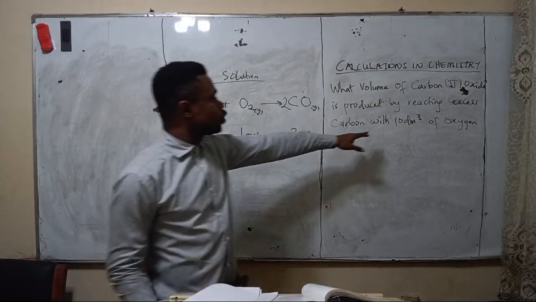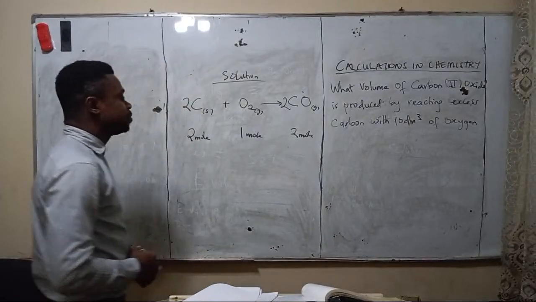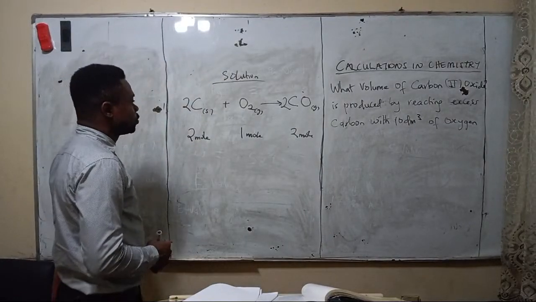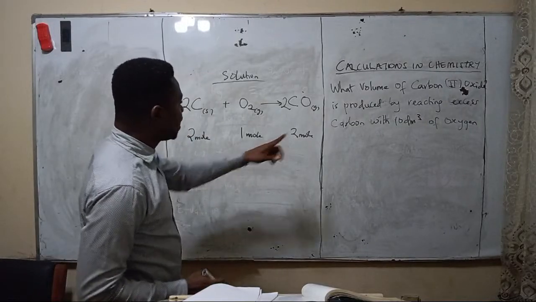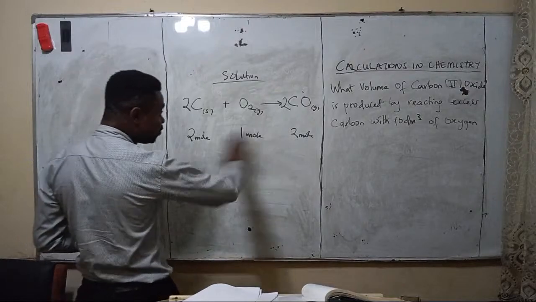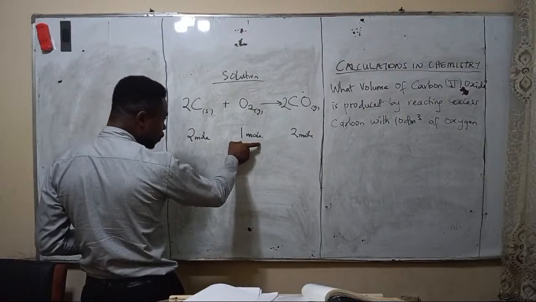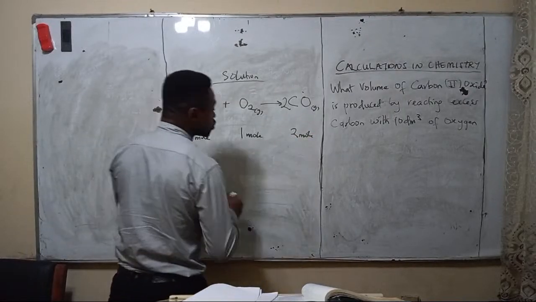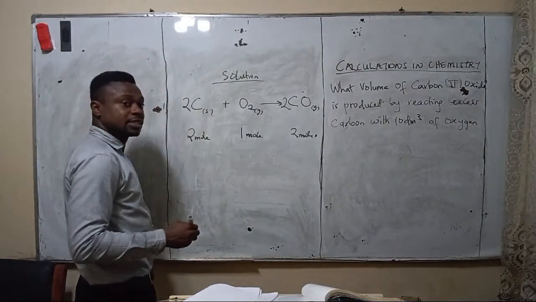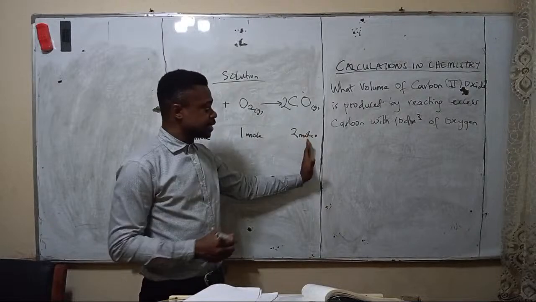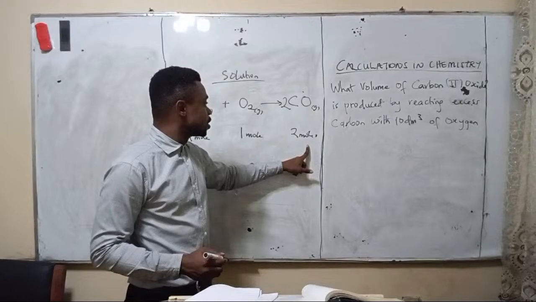But the quantity of oxygen given here is in dm cube, 10 dm cube. From this equation, it's clear that 2 moles of carbon react with 1 mole of oxygen to form 2 moles of carbon 2 oxide. This is a solid. This is gas. This is gas.